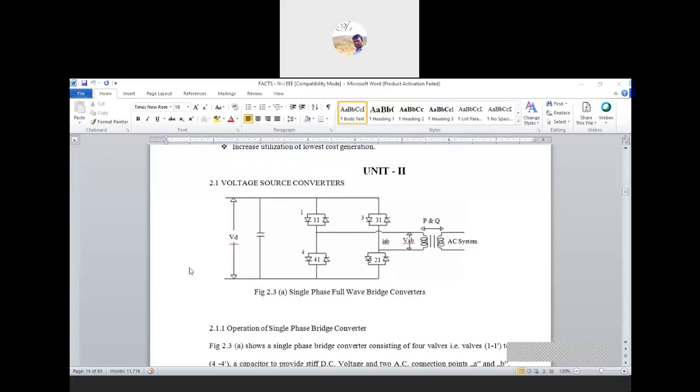Here, let us check what we are doing in the voltage source converter. We'll take the pen. This is the first thyristor with diode, another thyristor, the third thyristor, the second thyristor, and the remaining are the diodes.